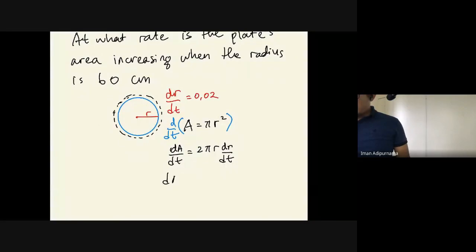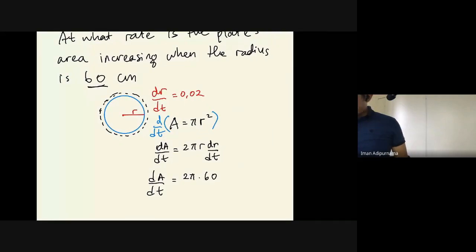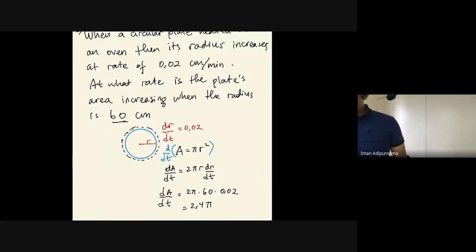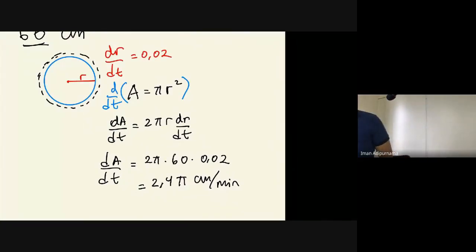So dA over dt is 2 pi times 60, when the radius is 60, and dr/dt is 0.02. So 2 over 100 times 60 is 120 over 50, 2.4 pi. Is that correct? Yeah. And then maybe check whether it is in meters or centimeters, square.